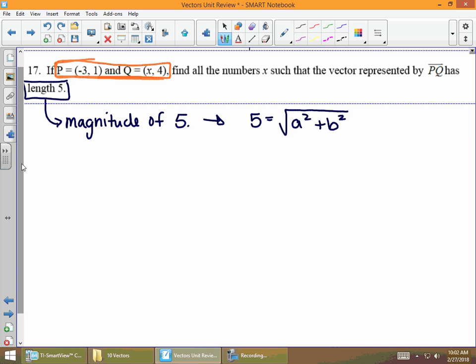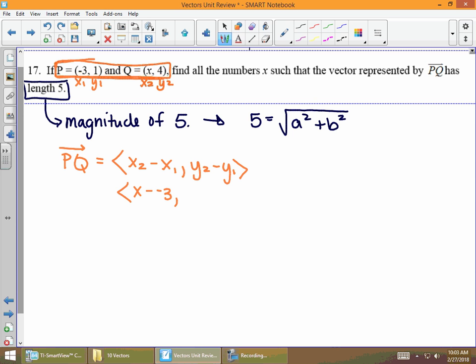So when we start with points, we get to our vector like this: X2 minus X1, Y2 minus Y1. So let's put those numbers in there. Our X2 is actually X. Our X1 is negative 3.